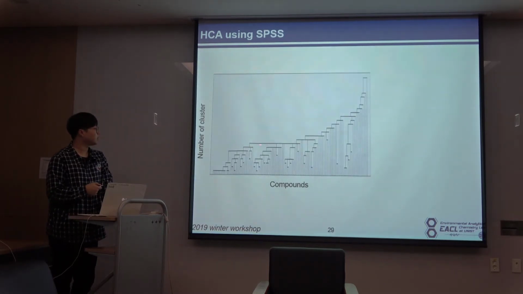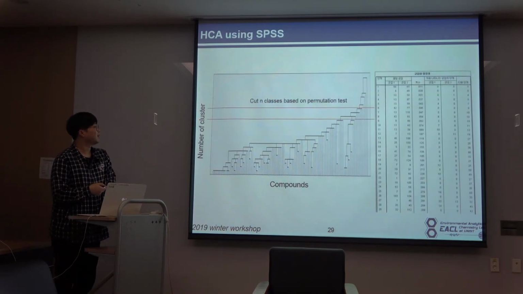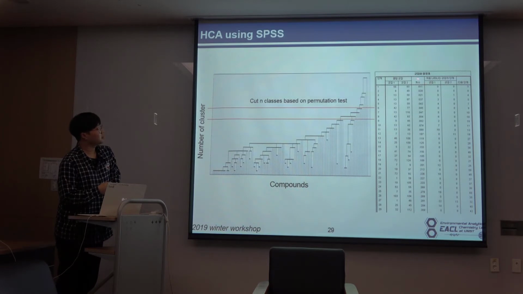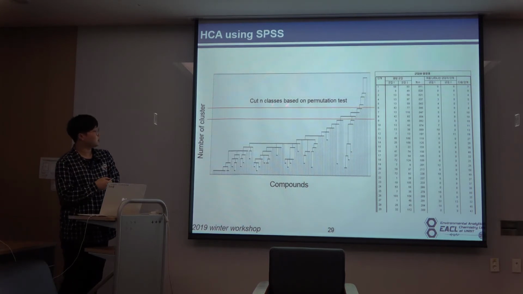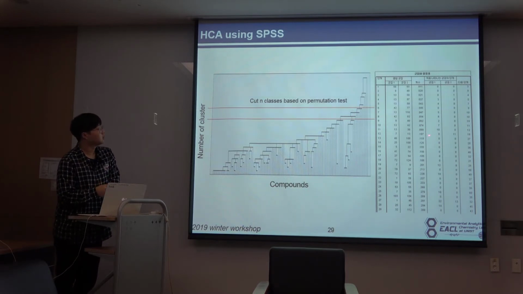So we can get the cluster dendrogram based on this cluster analysis, and based on the cluster schedule information, we cut the number of clusters, such as 4 or 7. So this cutting value was decided by these coefficients.